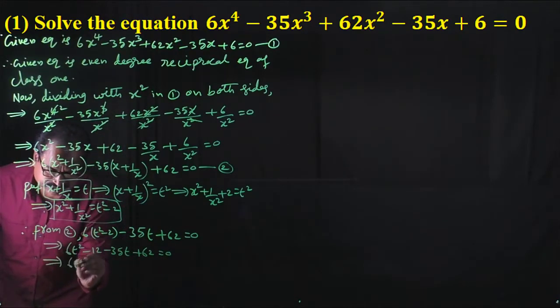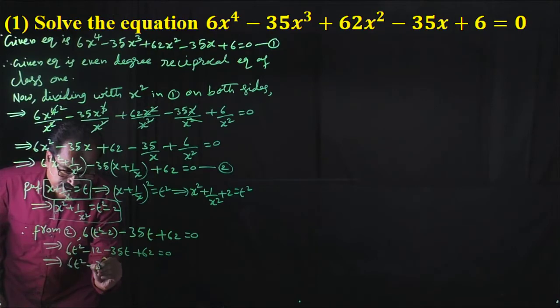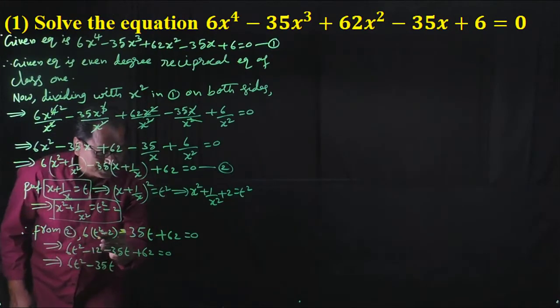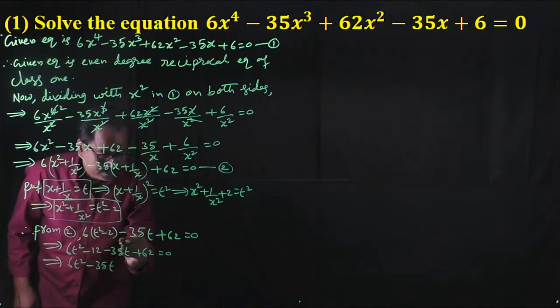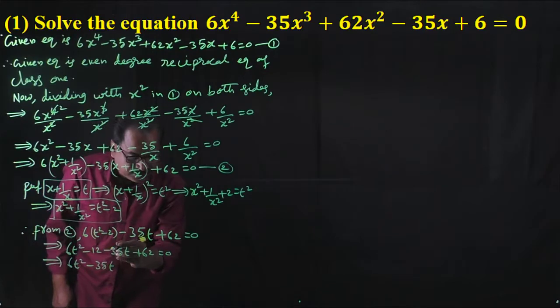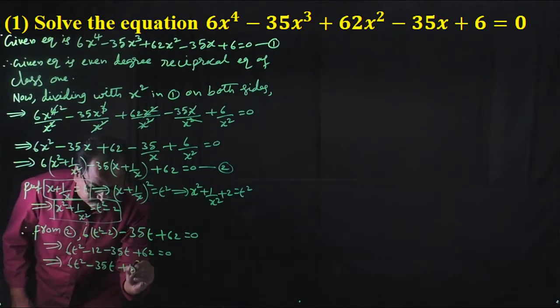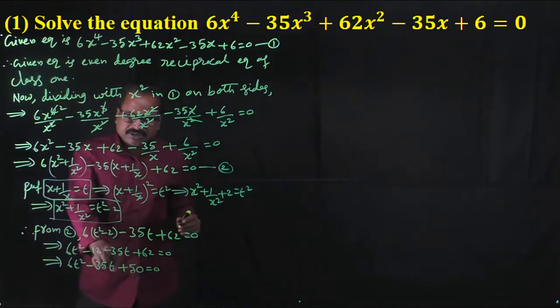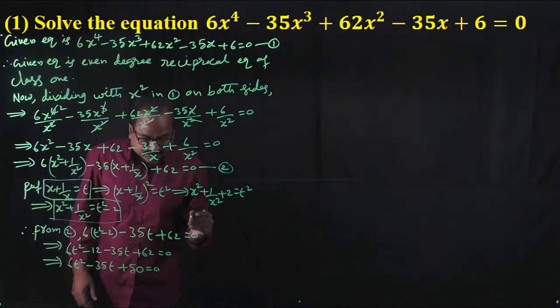This implies 6t^2 - 35t - 12 + 62, that is equal to +50, = 0. 6t^2 - 35t + 50 = 0.